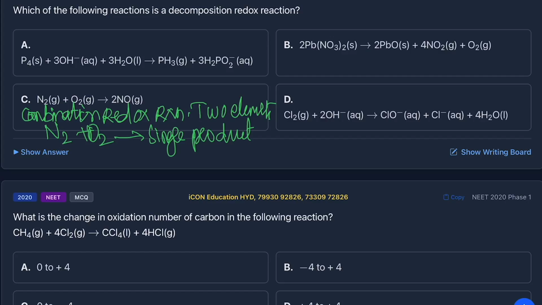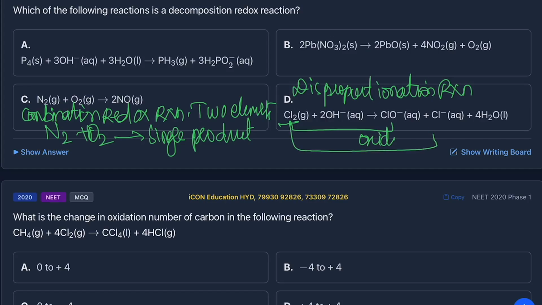Next, the last option D: Cl2 plus 2OH minus gives rise to ClO minus plus Cl minus plus H2O. This is called the disproportionation reaction. Why do we call it the disproportionation reaction? Because chlorine is simultaneously oxidized to ClO minus and reduced to Cl minus.